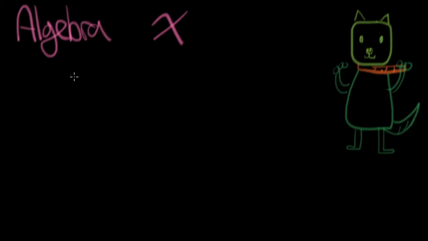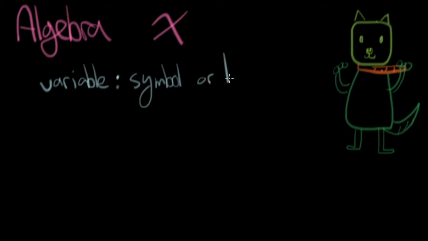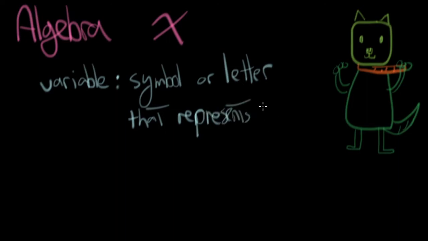And now let's get into some words that we're going to have to know. The biggest thing is variable, and this is a symbol or a letter that represents a quantity, a thing that represents something.